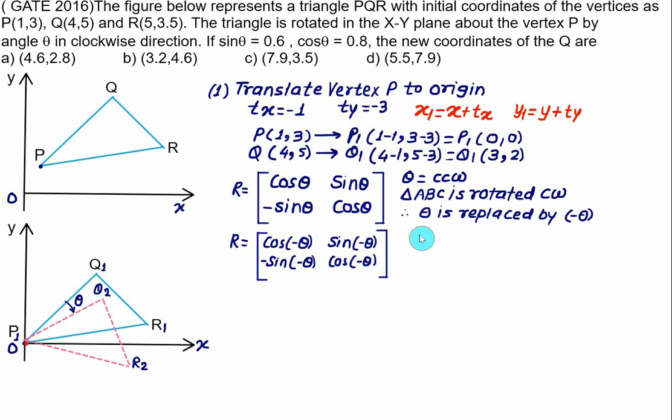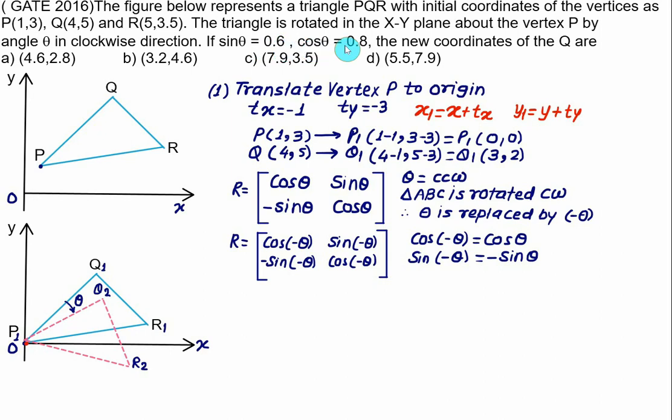Cos of minus theta is the same as cos theta, and sin of minus theta is equal to minus of sin theta, and we have been given the values of sin theta and cos theta.